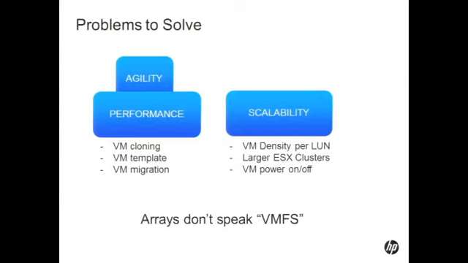So what we change in storage enables us for cloud computing. Because the arrays don't speak VMFS, a lot of the operations we have to offload to the storage array. This is the trend that we have been observing for many years, starting where VMware focused on the virtual machine layer, a lot of operations are offloaded to the physical layer, starting with the Intel chip and the AMD chip, for example.